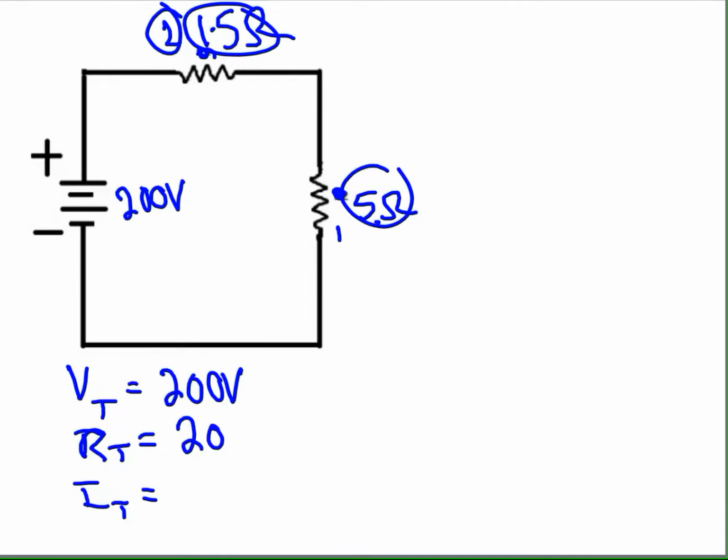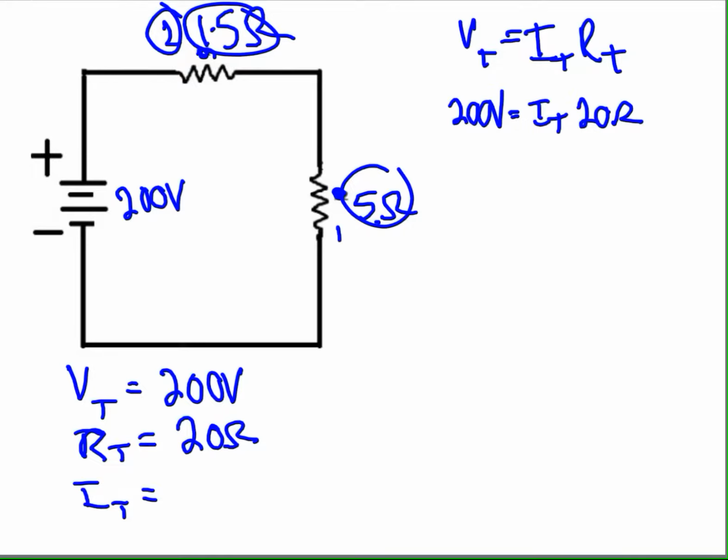So that's going to be 20 ohms. And I total, if you did V equals IR, that's just going to be 200 volts, looking for I total, and R total is going to be 20 ohms. So I total should be 10 amps.